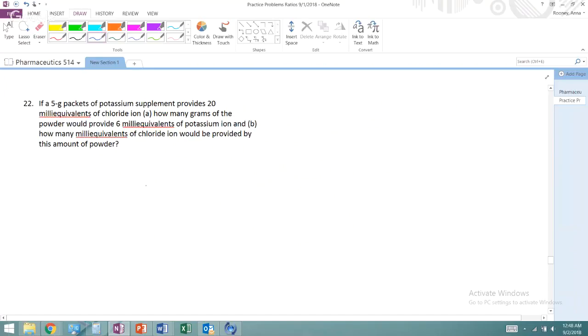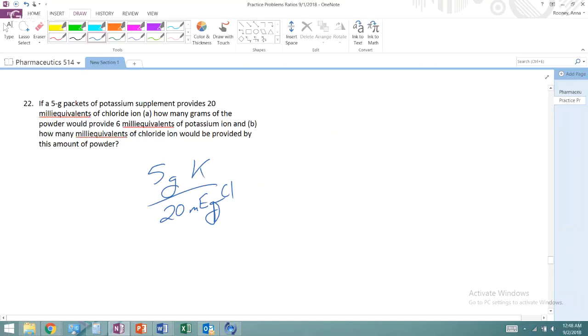All right, so if a 5-gram packet of potassium supplement, potassium is always, you'll see it like that, provides 20 milliequivalents of chloride ion. So there's 20 milliequivalents of, why is that G? That's not G. That's supposed to be a Q. All right, chloride ion.